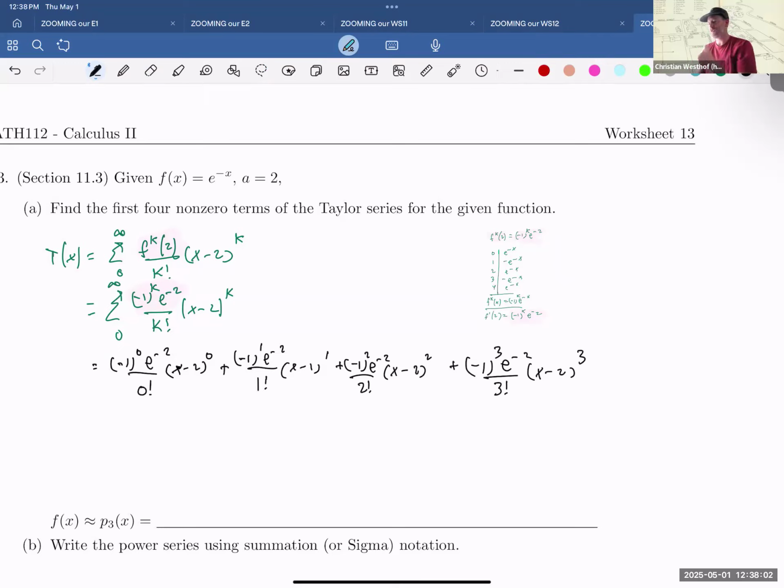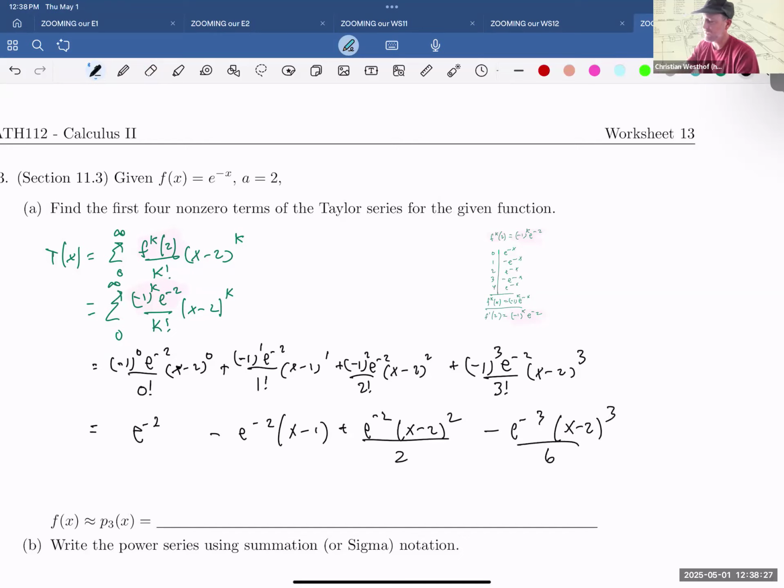Nothing says to simplify there, so you could just list that, but I want to simplify what I can. In the first term, we just end up with e to the negative 2 because everything else is a 1. Then minus e to the negative 2 times x minus 2, plus e to the negative 2 times x minus 2 squared over 2, minus e to the negative 2 times x minus 2 cubed over 6.